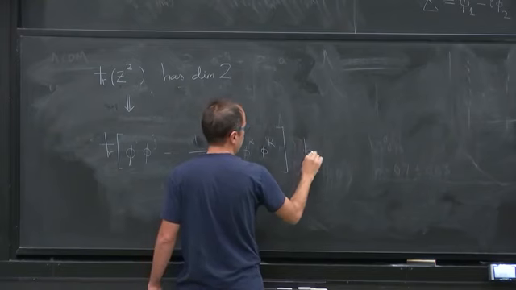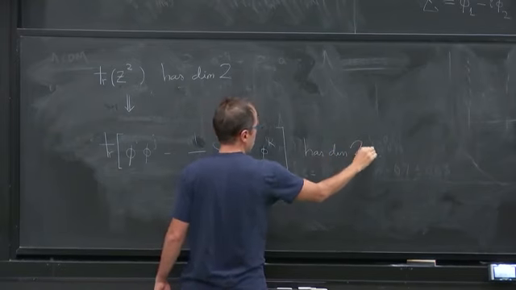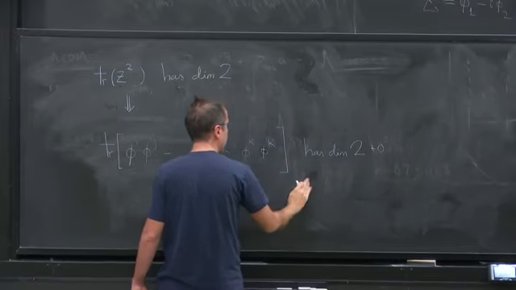This guy also has dimension 2, again plus 0, no quantum corrections.